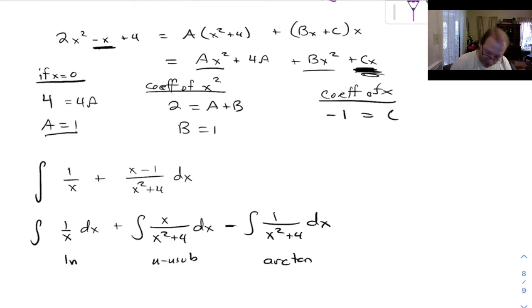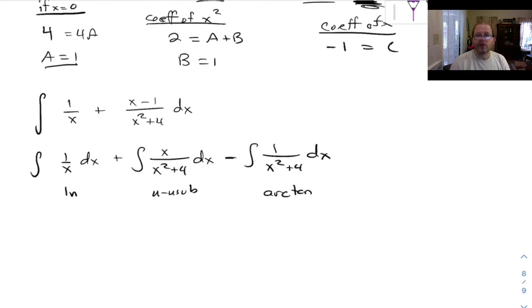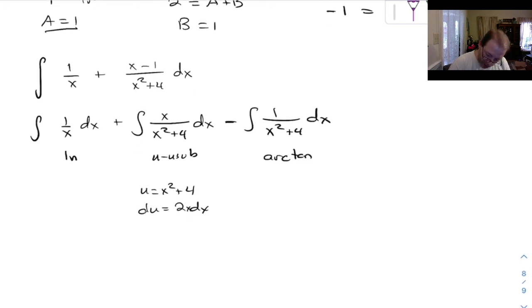The only one that's really any work to do is that middle one. We let u equal x squared plus 4. Du then is 2x dx. So x dx is 1/2 du, and the u is on the bottom, so we get 1/2 natural log of u.